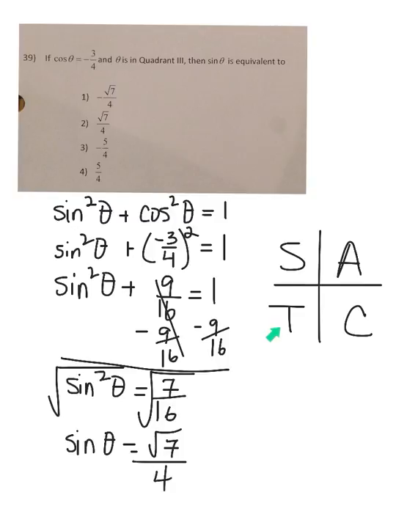Quadrant 3, tangent is what's positive, and its reciprocal trig function, which is cotangent. I don't have that. I want to make sure that I put a negative then in my answer. So there's my answer, and that would be choice 1, correct? There we go.